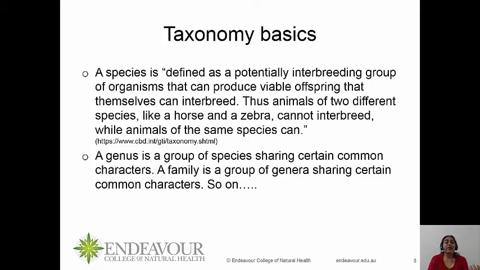Animals of two different species, like a horse and a zebra, cannot interbreed unless it's a hybrid.